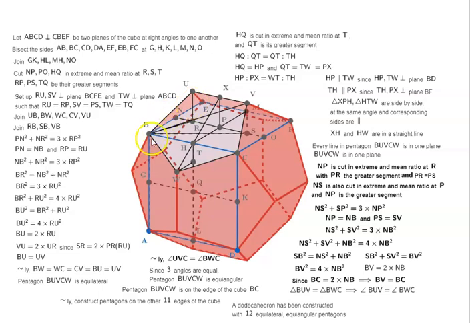So here you will notice this is the one which we constructed, BUVCW. And as we construct equilateral equiangular pentagons on the other edges, our dodecahedron comes into picture. So if you notice, this is a pentagon, this is a pentagon, this is a pentagon, this is a pentagon. So that is how it would look like.